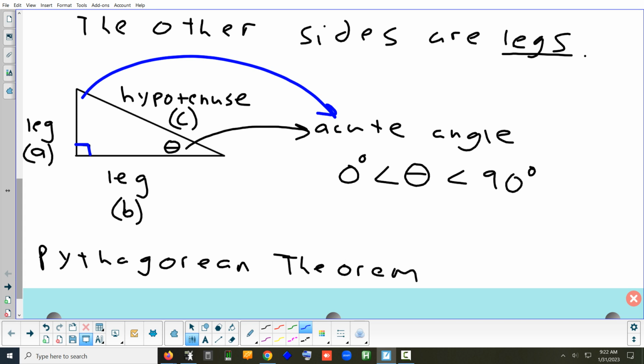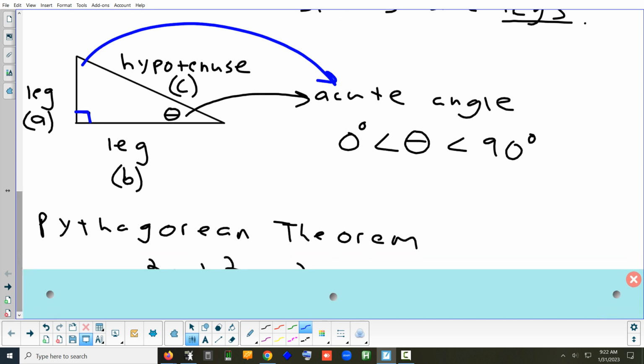Can you explain to me what's the A, the B, and the C? Specifically. Because you could say the Pythagorean theorem is q squared plus r squared equals s squared, as long as you correctly tell me what the q, the r, and the s are. Yep. The length of each leg squared and added together equals the length of the hypotenuse squared. Yeah, that's the idea of the theorem.